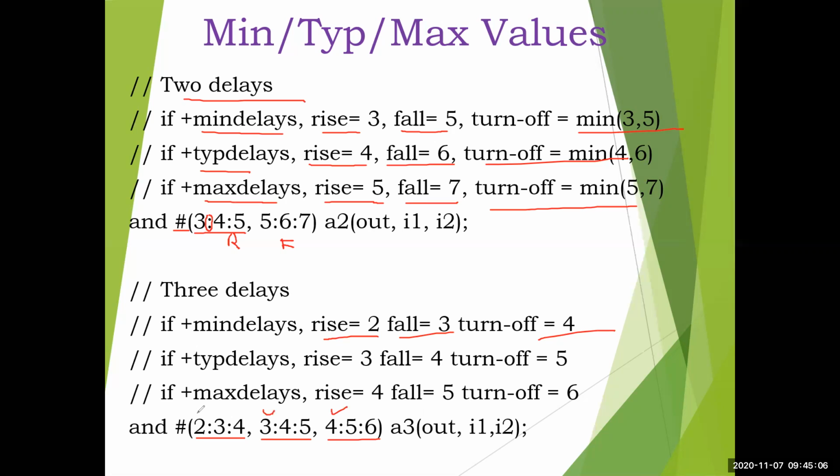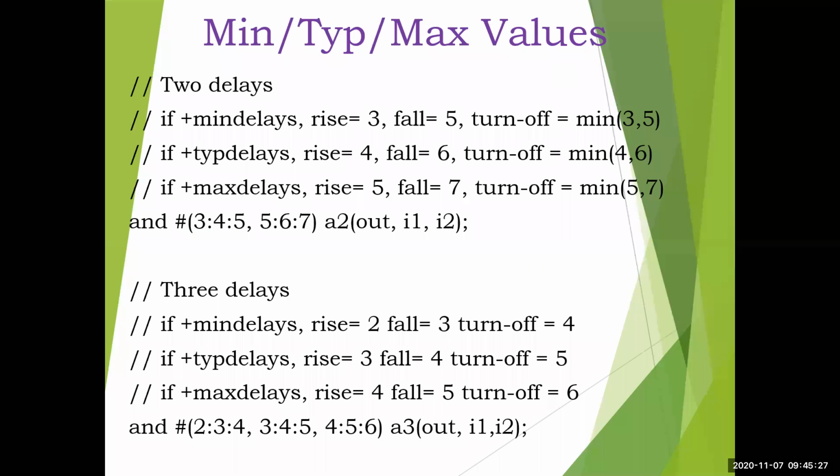Similarly, typical delays are the middle values 3, 4 and 5, and the max delays are 4, 5 and 6. So this is about the delays: rise, fall, turn off, as well as specifying minimum, typical and maximum values.